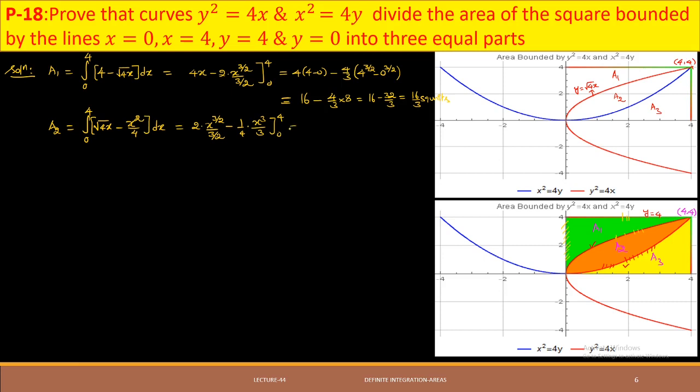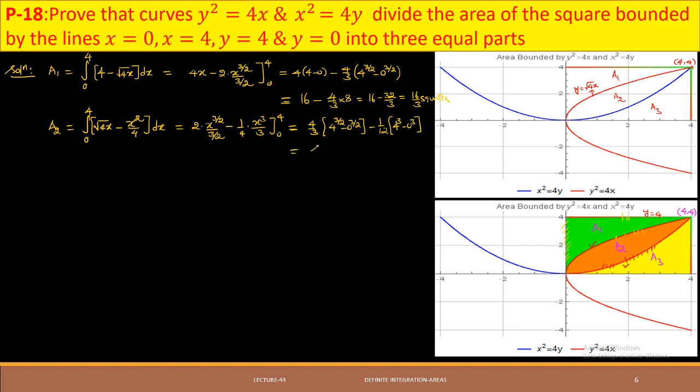So this is equal to 4 by 3 into 4 to the power 3 by 2 minus 0 to the power 3 by 2, minus 1 by 12 into 4 cube minus 0 cube.